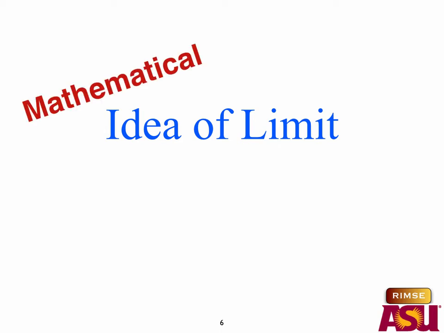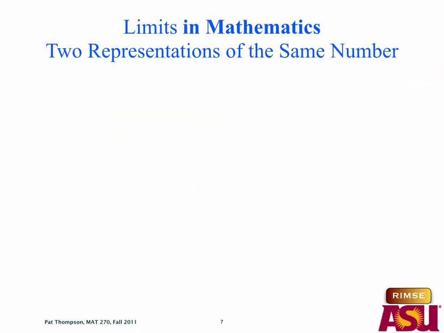So what I want to talk about is the mathematical idea of limit that we want to use for our purposes. This is not the big picture, right? Continue taking mathematics and you will continue to develop your idea of limit. But for our purposes, this is the way that I want us to think about it.